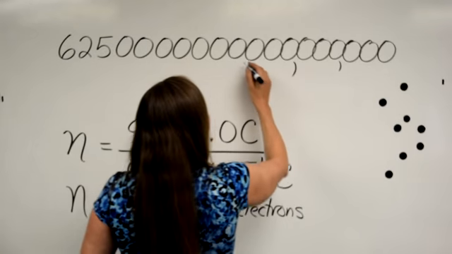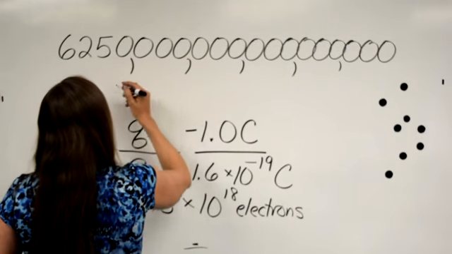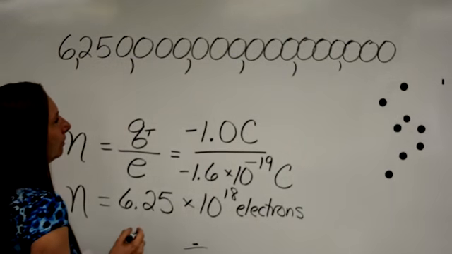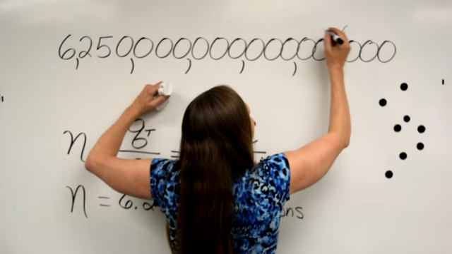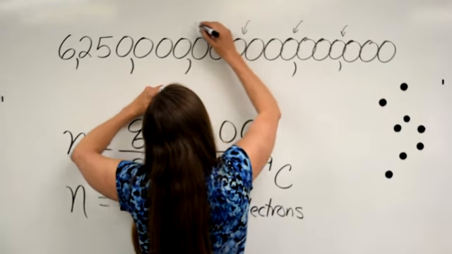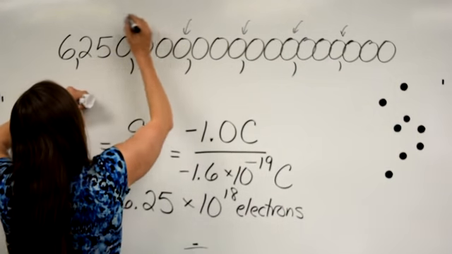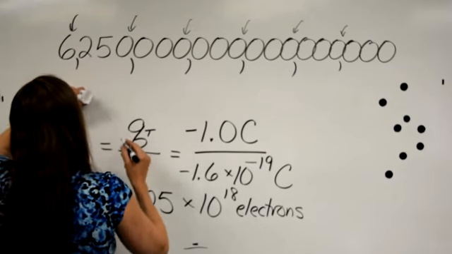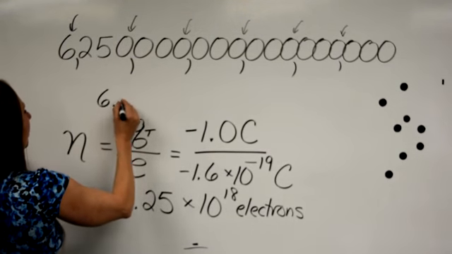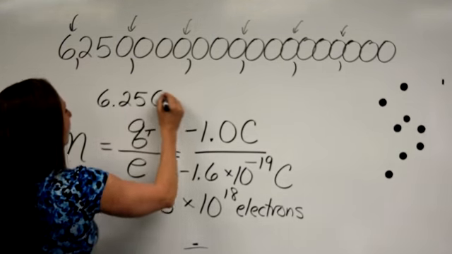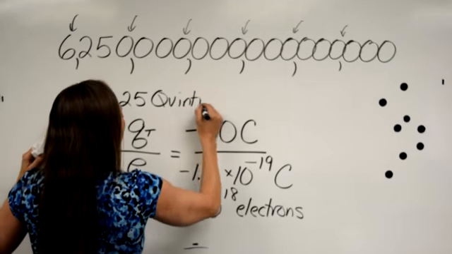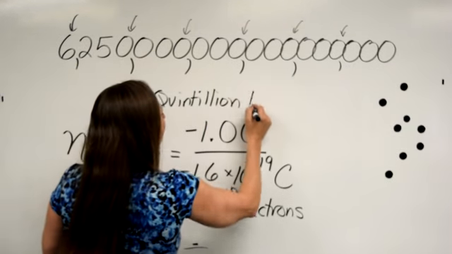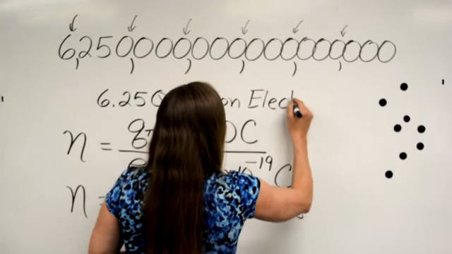There's a comma, and another comma, and so on. So this is thousand, this is million, this is billion, this is trillion, this is quadrillion, and this is quintillion. So it's 6.25 quintillion electrons. Wow.